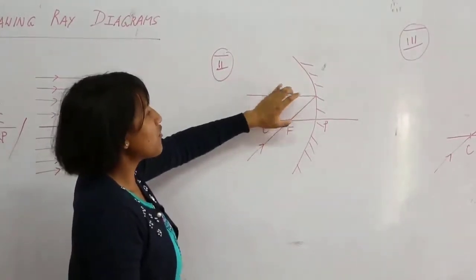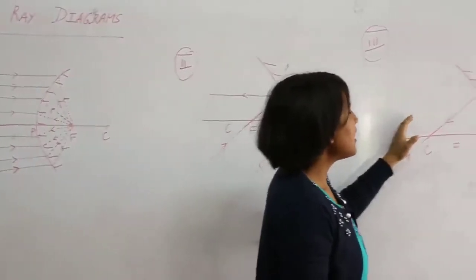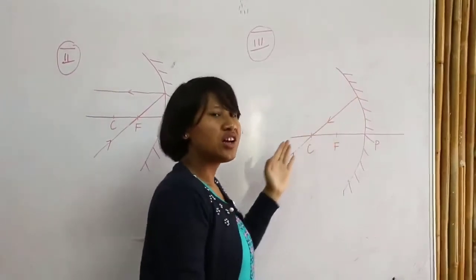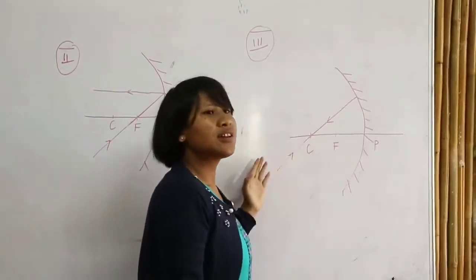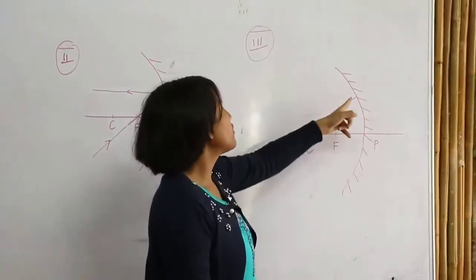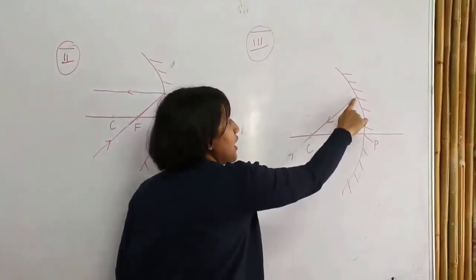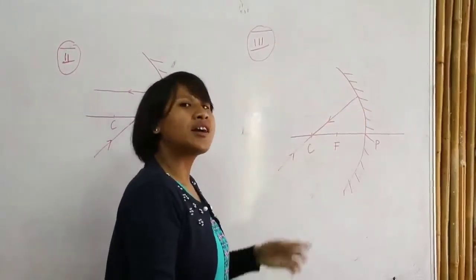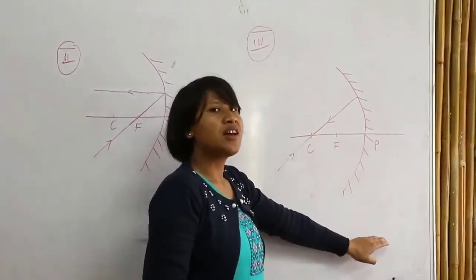And the third rule is that when a ray passes through the center of curvature, it will also be reflected back through the center of curvature. Look, it is reflected, but after striking this mirror it will pass through the center of curvature again. For the convex mirror it will be the same.